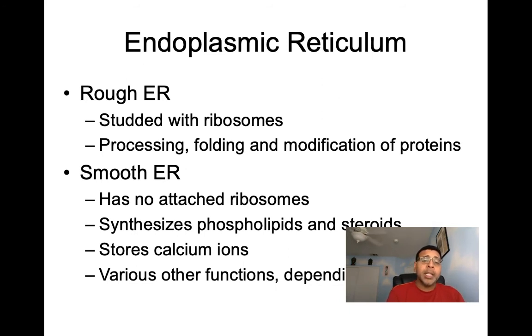The rough endoplasmic reticulum contains ribosomes, hence the name rough. It's studded with ribosomes, which synthesize proteins and send them to the interior of the endoplasmic reticulum, where they are then processed and modified.